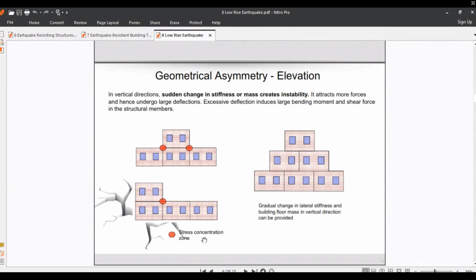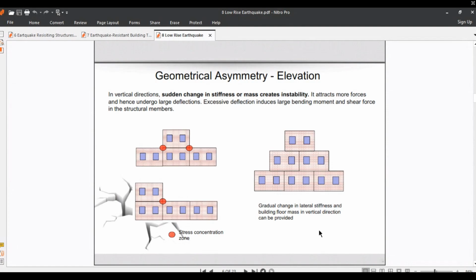On the left side it shows the geometrical asymmetry in elevation. You can see stresses in the connection zone in red color. You can see that in the vertical direction a sudden change in stiffness or mass creates instability.